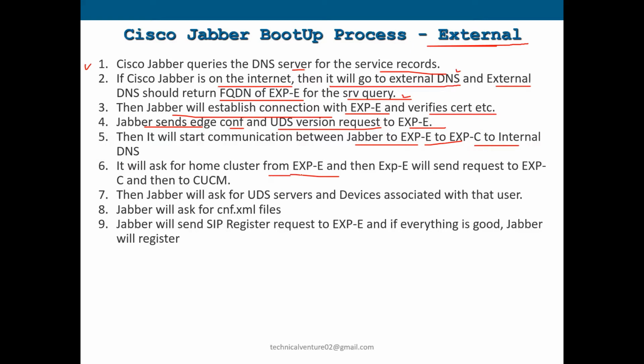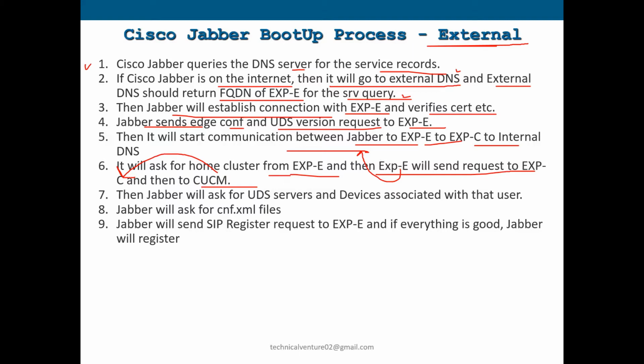Expressway E will send the request to Expressway C and then to the CUCM. Once there is a response from CUCM to Expressway C, and then from C to Expressway E, Expressway E will send the response to the Jabber client: this is your home cluster, now you can go and register.